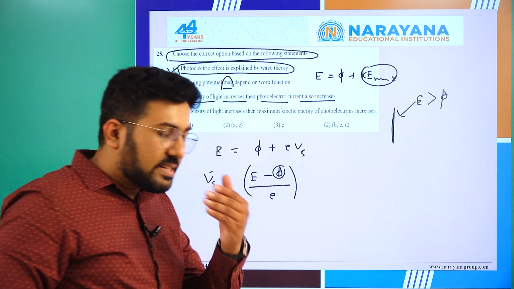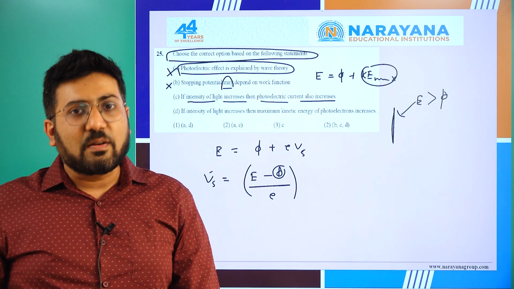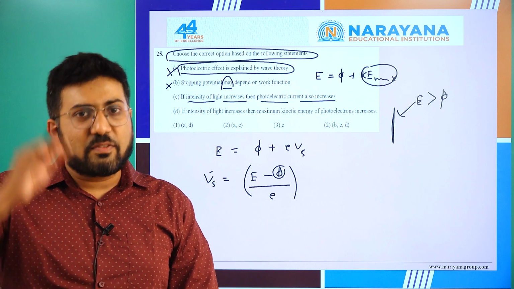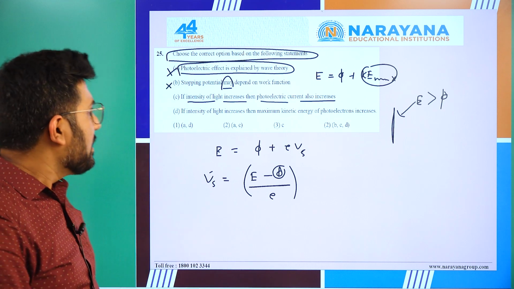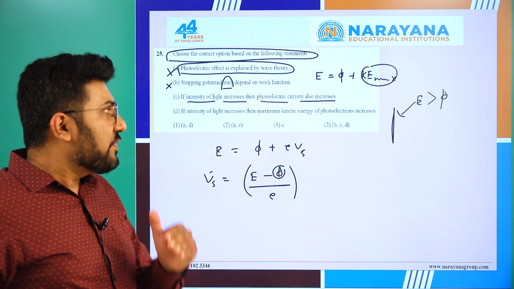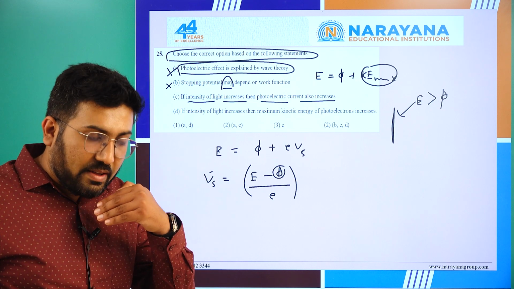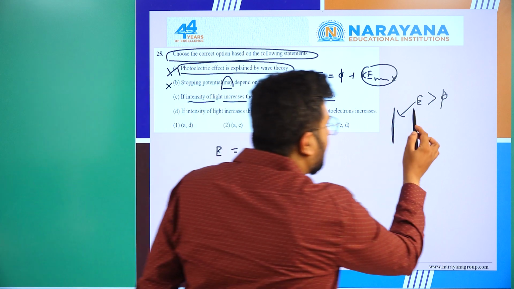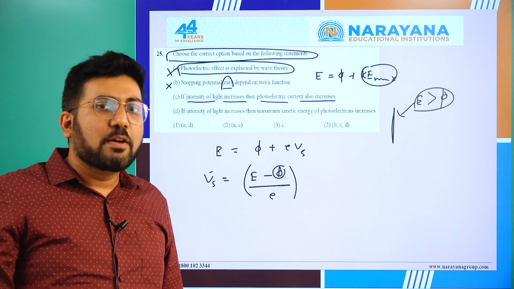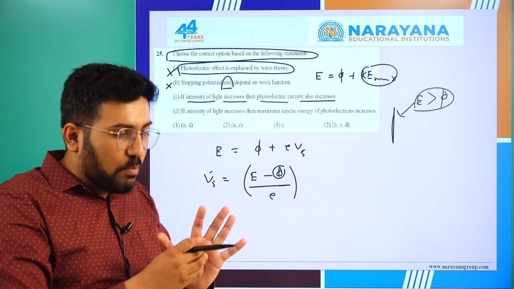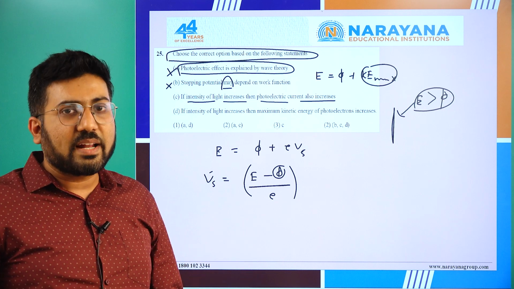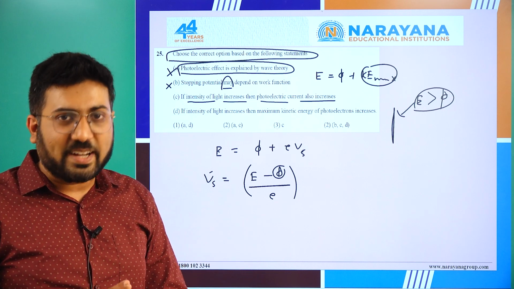If the incident energy is not more than the work function, current will not flow at all, whatever the intensity. If the photoelectric effect is occurring, that means E is greater than phi, then increased intensity means more photons striking, more electrons coming out, and so more photocurrent.